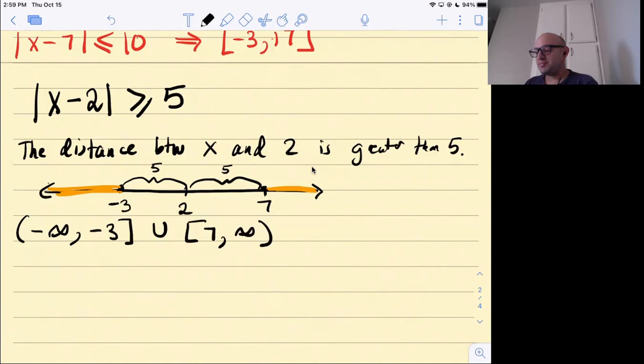So hopefully what you're seeing here is that we're doing these problems and we're just thinking about what they actually are talking about. We're not solving any sort of algebra. We're just going from what they're saying, thinking about the English version and interpreting it, drawing a picture, and then writing down another way of expressing it.